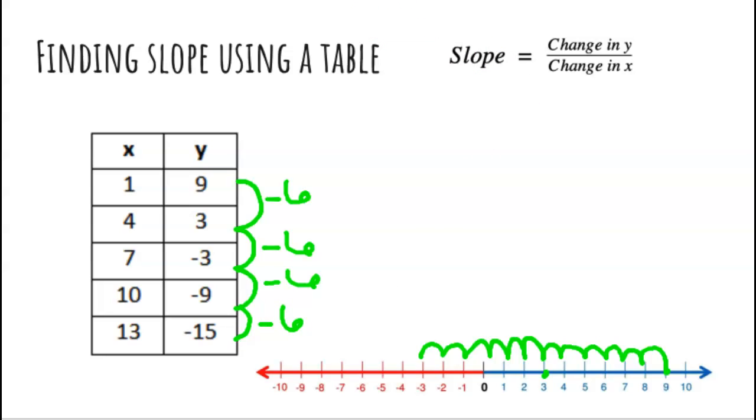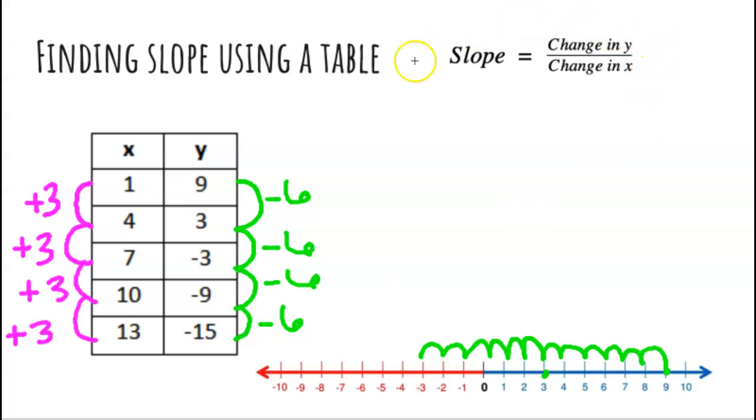Now let's look at our change in x. How do I get from 1 to 4? 1 to 4, you're going to add 3. 4 to 7, that's plus 3. 7 to 10 is plus 3. And 10 to 13 is plus 3. So now I just need to plug it into my formula.